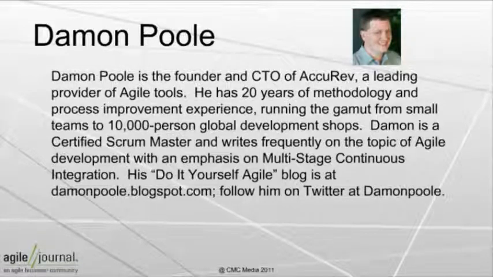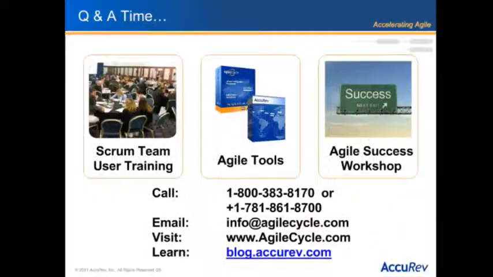The folks in San Jose are not going to see it. The folks in Chennai are not going to see it. They're not going to be impacted. It's not until I come back in the morning that I see the problem and fix it, and it's only impacted me. So multi-stage continuous integration in general definitely makes it a lot easier to do these things, and AccuRev makes it a lot easier to do multi-stage continuous integration and to visualize it and to integrate with the other tools that you need.